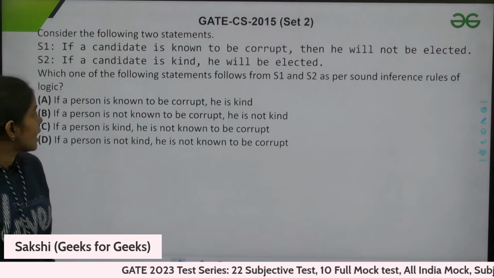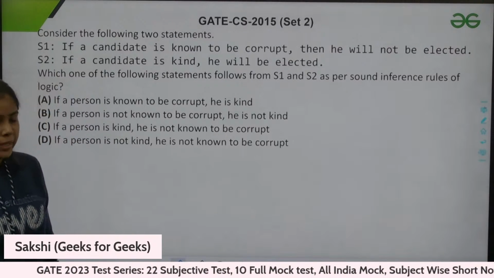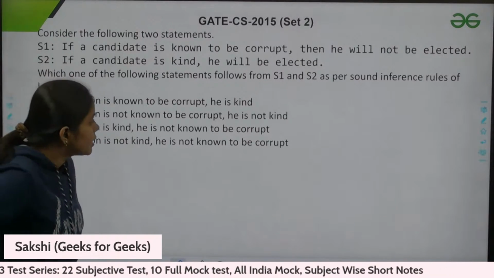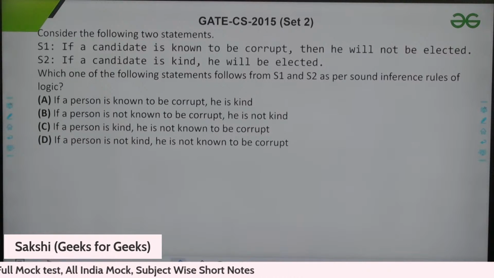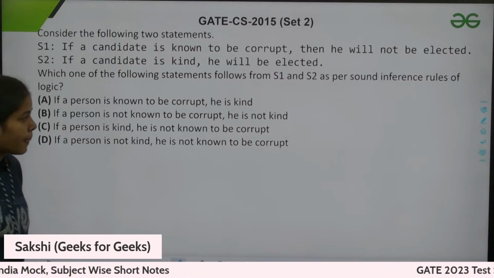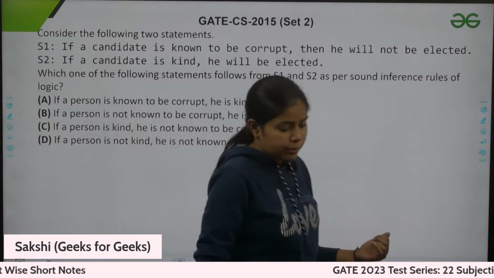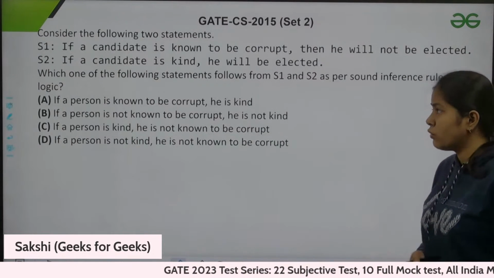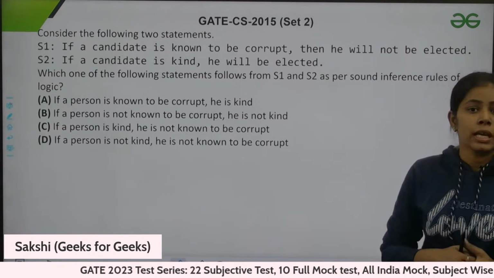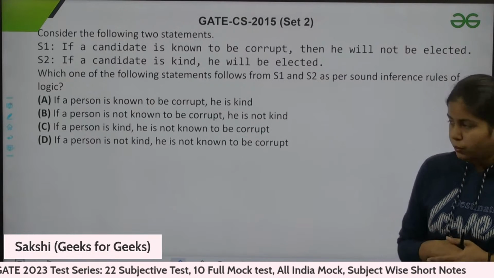Second statement says that if a candidate is kind, he will be elected. Which one of the following statements follows from S1 and S2 as per sound inference rules of logic? So we have been given some statements and the conclusion from these two statements, and we have to check which of the statements will be true.